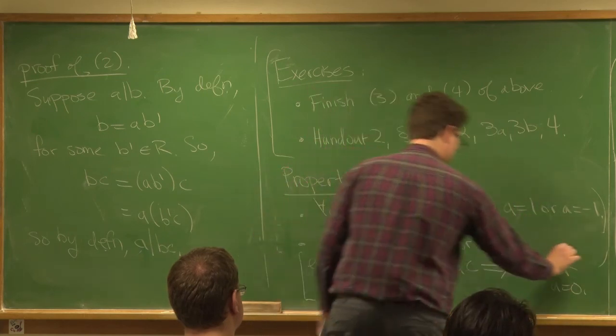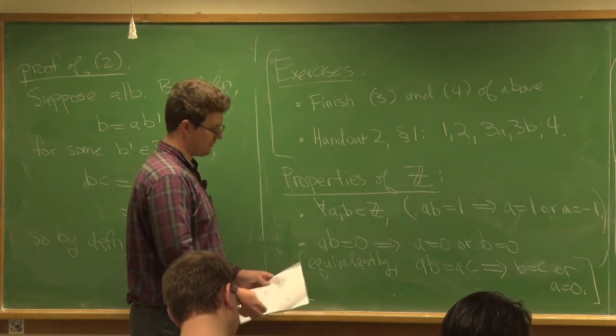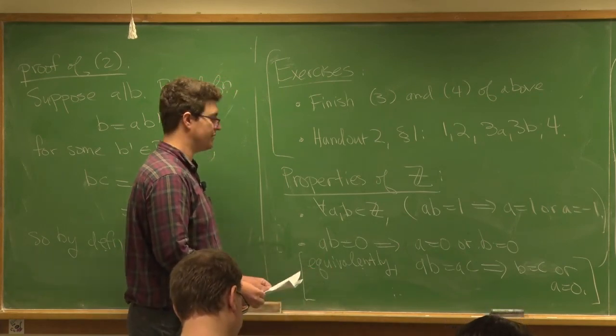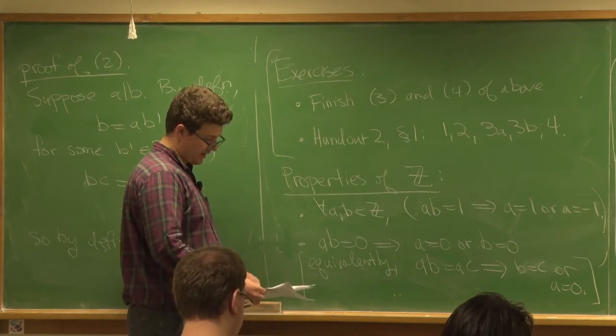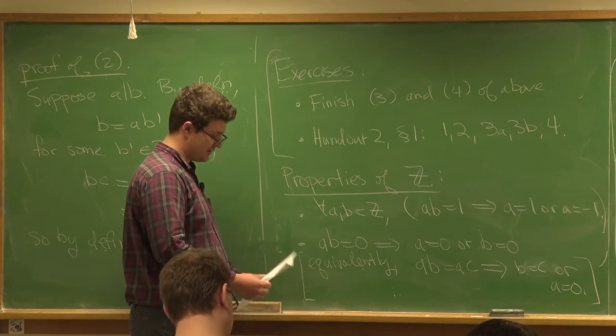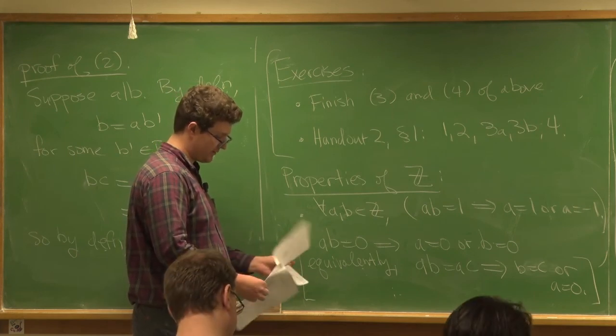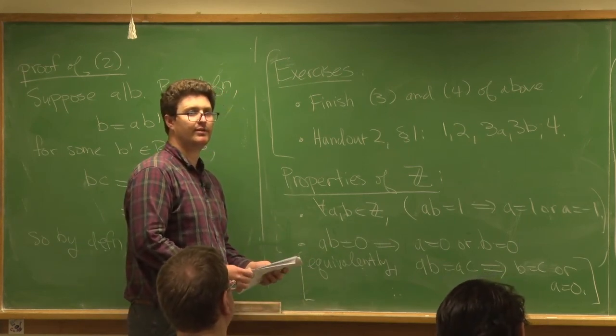So this is an equivalent property to this one, and you could prove that these two things are equivalent. That's something that you could try and do. This would be true for an arbitrary commutative ring. All right, and I think that's all you guys need. So I'll have you guys work on these, and then I'll come around and help you guys.